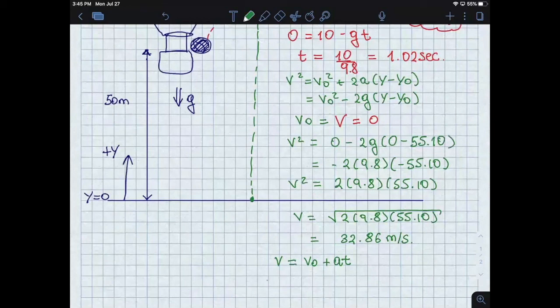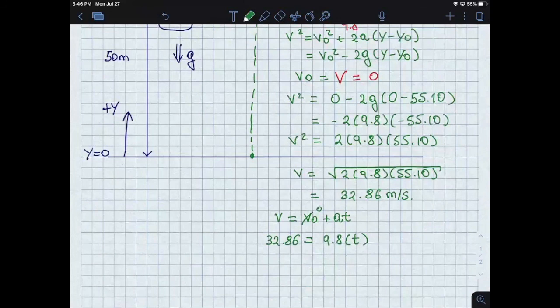So we can write this as 32.86 is equal to v naught, which we said is 0, plus 9.8 times t. If we want to be consistent with the coordinate system, we can write this as negative 32.86 is equal to negative 9.8 times time, because the velocity is going down and the acceleration is also pointing downward. So they both have the same sign.